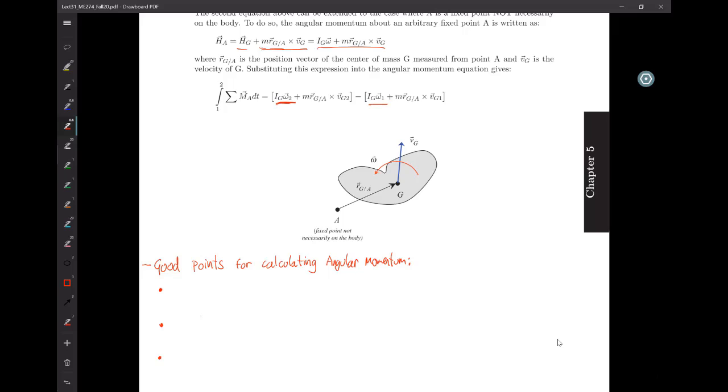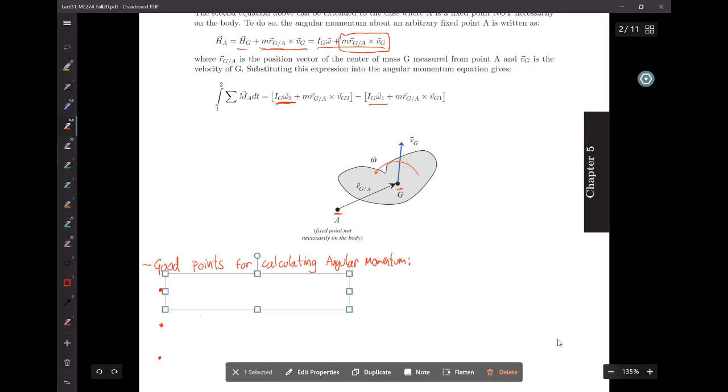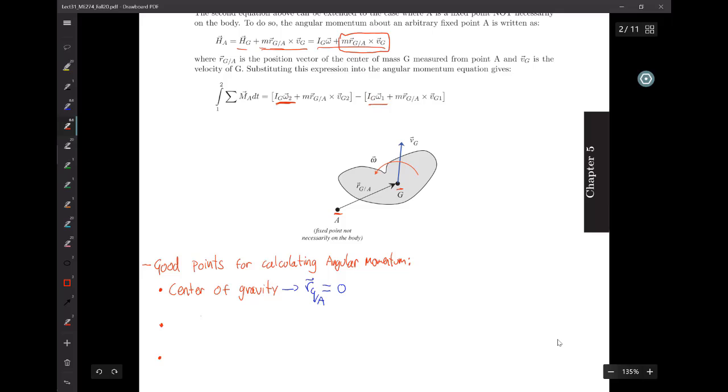If we see that we're calculating the momentum from an arbitrary point A to the center of gravity, and we want to get rid of this second term, of course, we can say, okay, if I calculate the angular momentum about G, then I can get rid of that second term, because the distance from the point of calculation is 0.